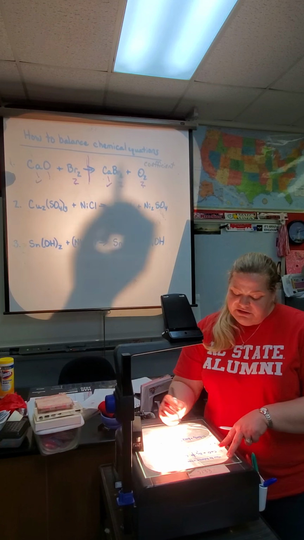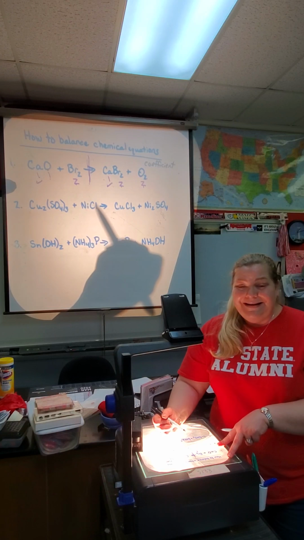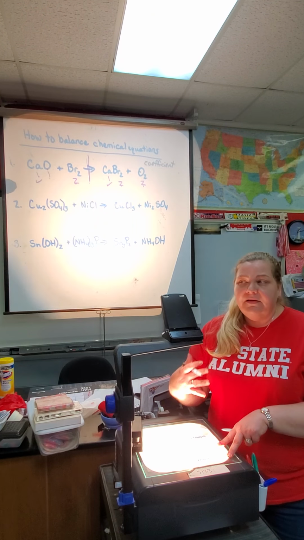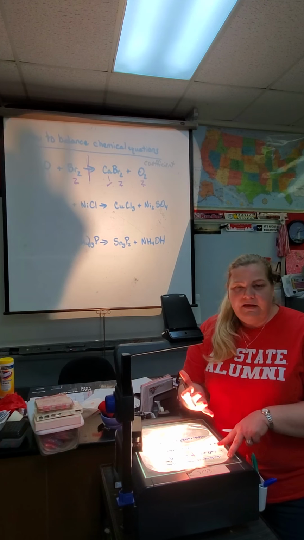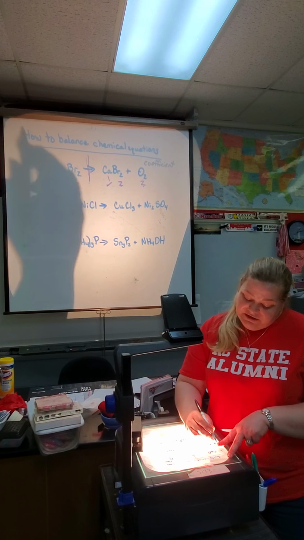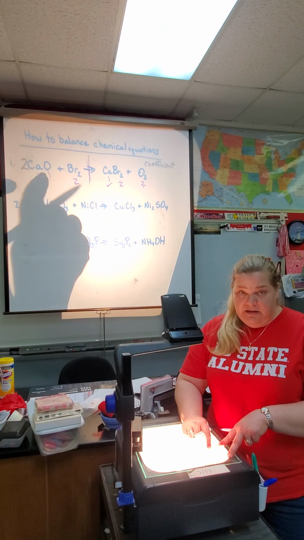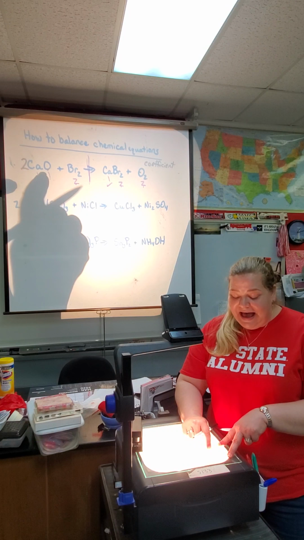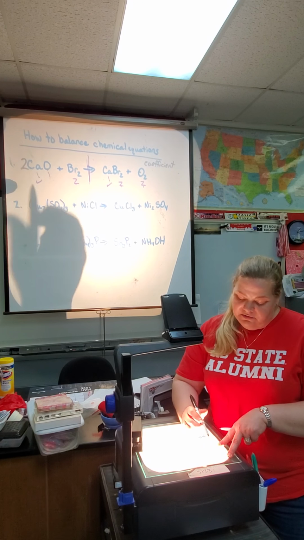I have 2 oxygens here, I have 1 oxygen here. As we've been talking, you cannot split up a compound. So it's like a family. You can't split up the family. So you're going to have to add a coefficient in front of the formula. Use that distributive property we've been talking about.